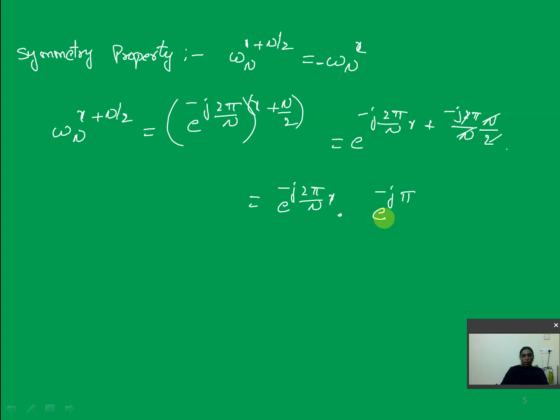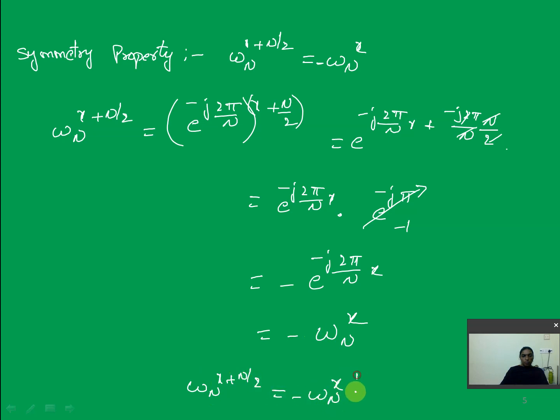E power minus j pi is nothing but, what is the value? Minus 1, since cos pi minus j sin pi, and cos pi is minus 1. So now this is equal to minus e power minus j 2 pi by N x, that is equal to minus W N power x. So W N power x plus N by 2 is always equal to minus W N power x, right? Remember these two formulas and these two properties, right? Thank you.